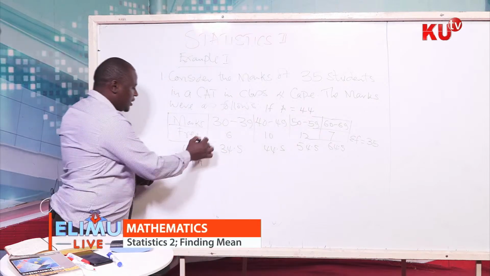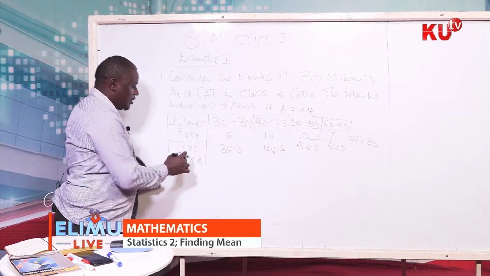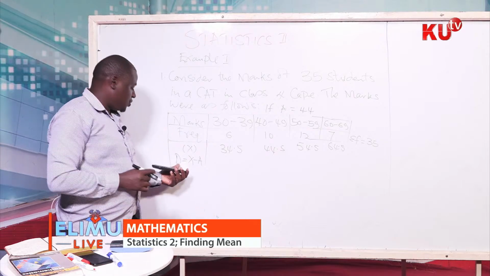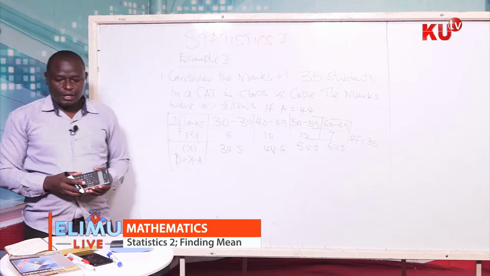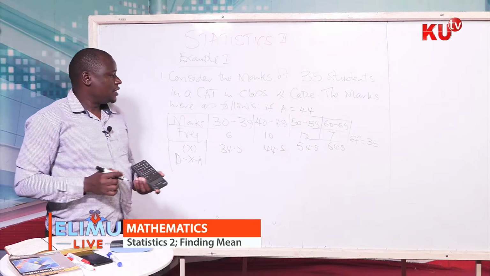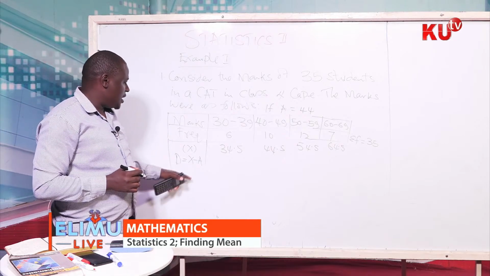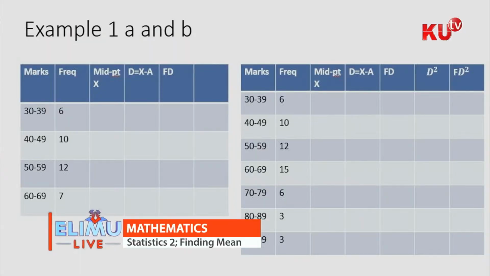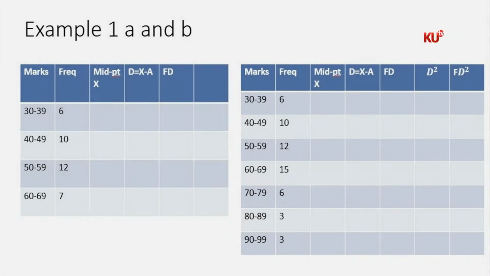So we are going to fill in the fourth column of deviation. I've called it D. D means deviation, which is given by x minus assumed mean. All of us know what x is. All of us know what A is by now. So we are going to fill in that column.